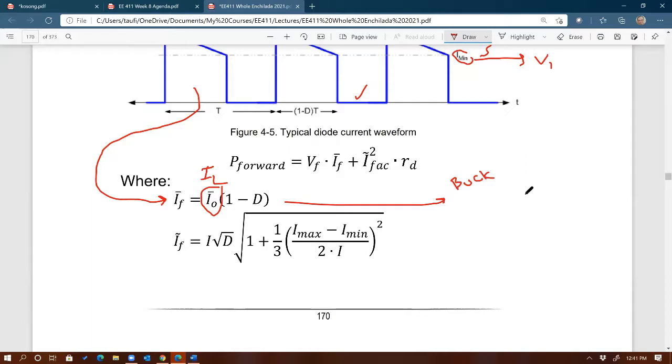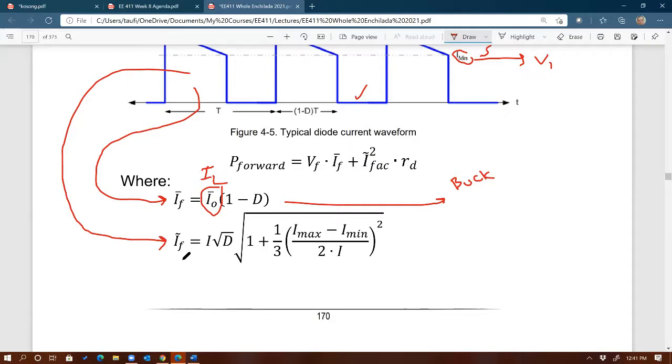For other converters, buck-boost and boost, the equation should be I_F average equal to I_L average times (1 minus D). But this is an example for a buck converter. So you have the DC component, or the average current through the diode, calculated that way, and then the total RMS of that current.